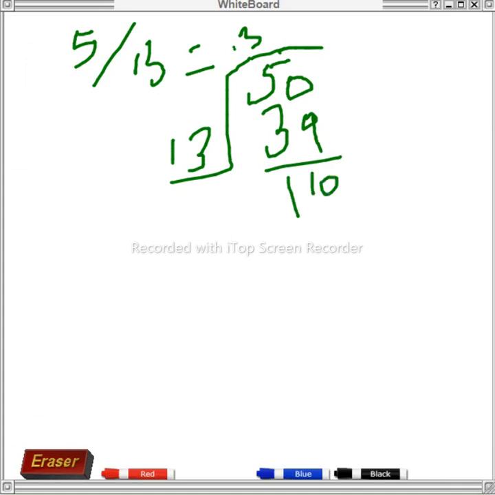Again we have to add a 0 because 11 is not divisible by 13. So when we divide 110 by 13, we get 8. 8 times 13 is 104.